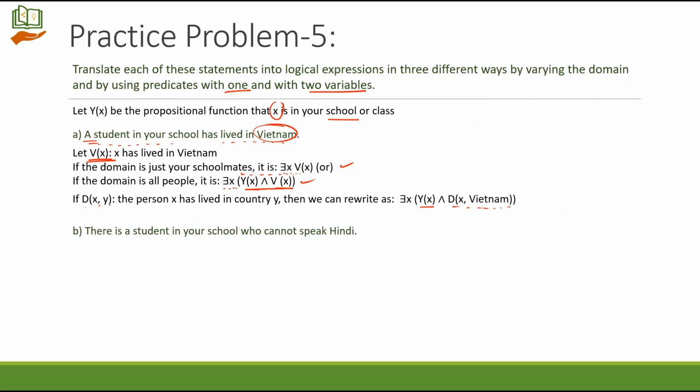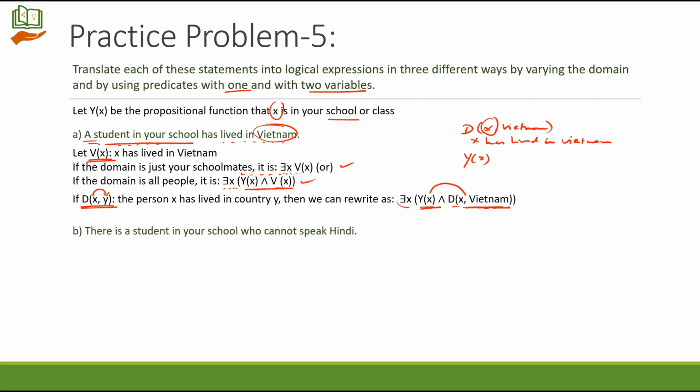When it is 2 variables, we are using d of x comma y. So what does d of x comma y mean? It means the person x has lived in country y. So this can be rewritten as d of x comma Vietnam only for x has lived in Vietnam. But here a student in your school has lived in Vietnam. So in order to specify who this x is, we are combining it with y of x, stating that x is none other than your schoolmate.